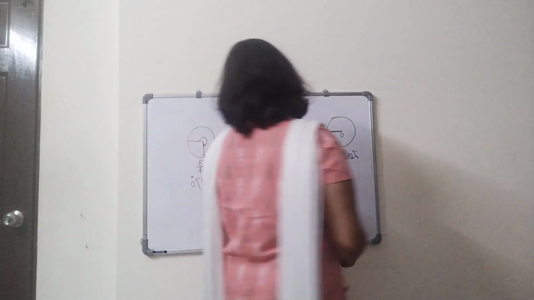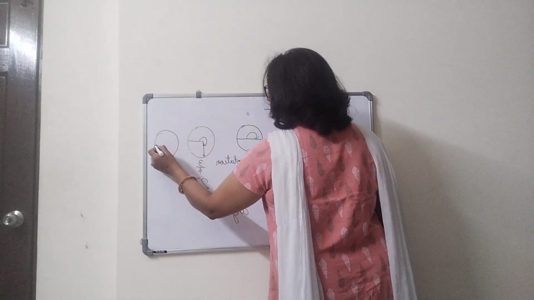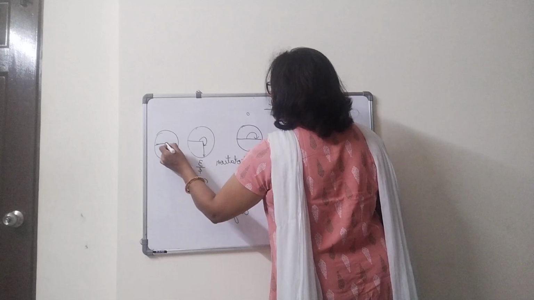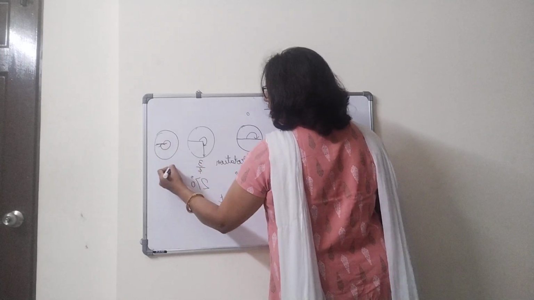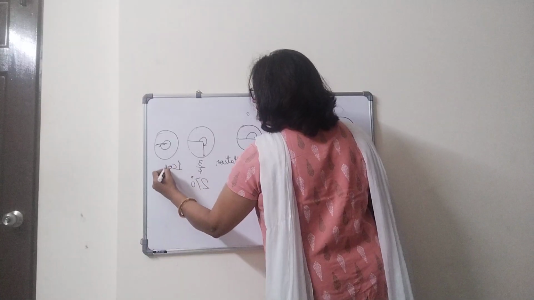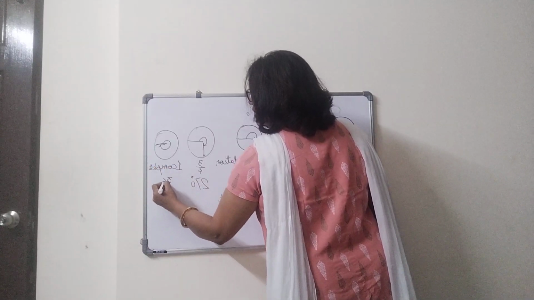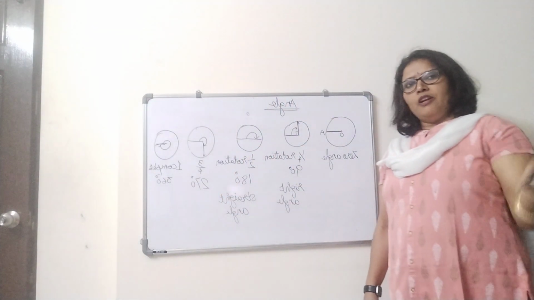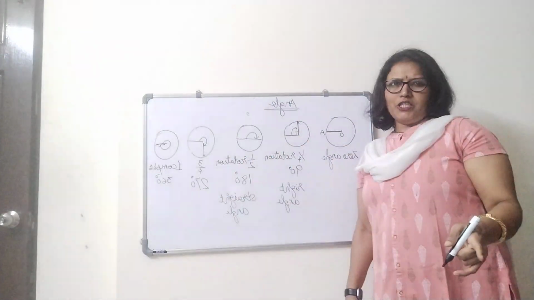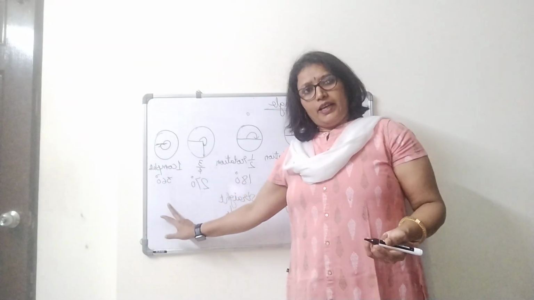Again this angle rotates from here to a whole full rotation. One complete rotation means it is a 360 degree angle, or it is called a complete angle.